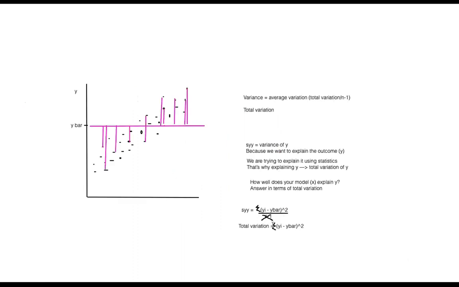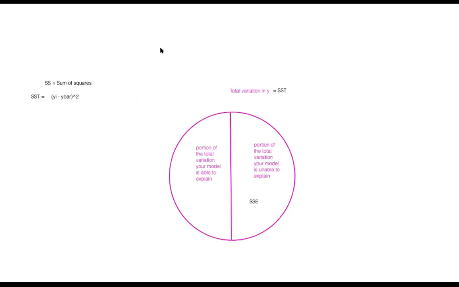This is exactly what I wrote down here. Total variation. So this is the same exact formula. Square it and then add it all together. Sum of squares, again, same thing, you square and then you add it all together. And here the T stands for total.